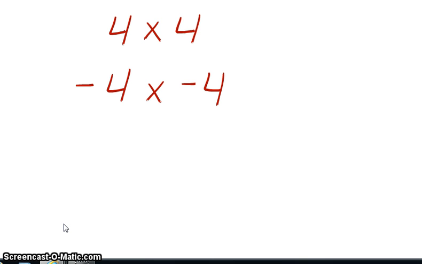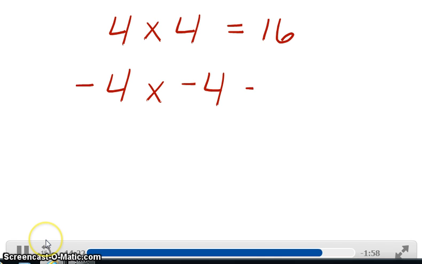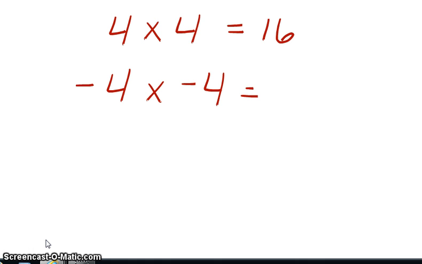For example, let's take a look at these 2 multiplication problems. 4 times 4 is equal to 16. Now, negative 4 times negative 4, because signs are the same, we're going to multiply as usual. 4 times 4 is 16. Signs are the same, so the answer is always positive. So 4 times 4 and negative 4 times negative 4, their answers are both 16.